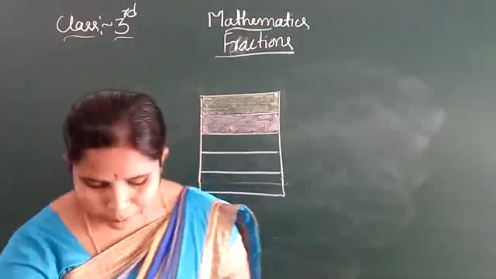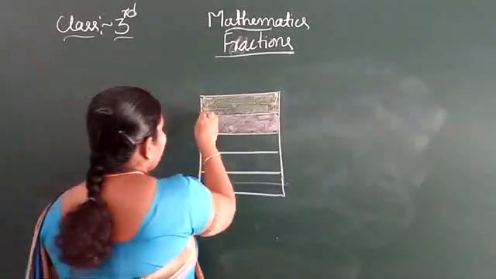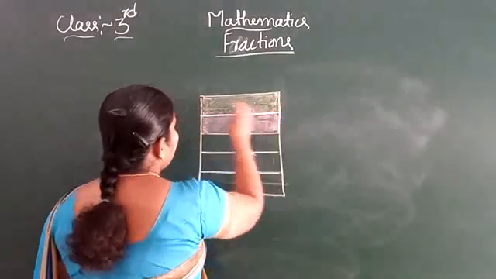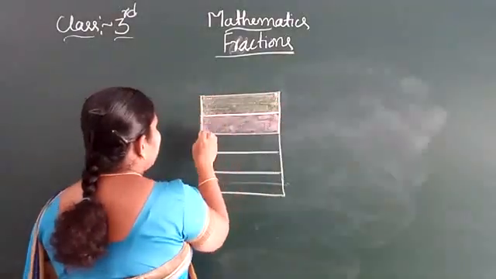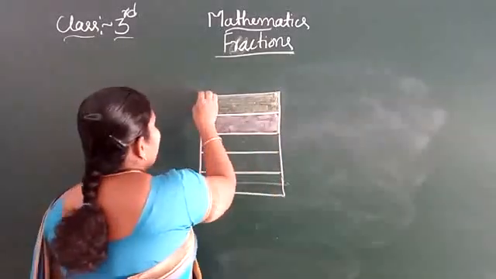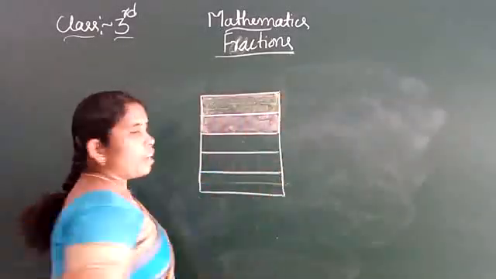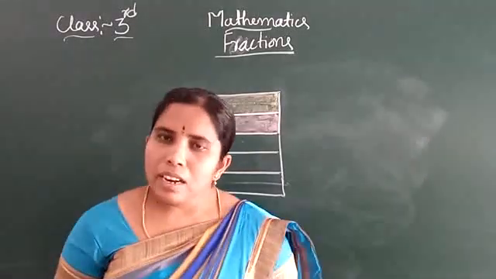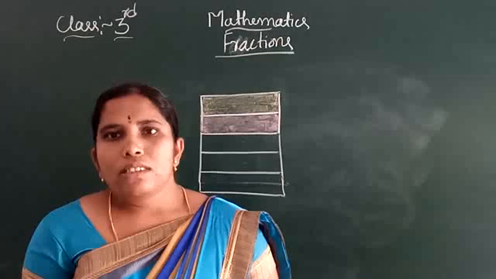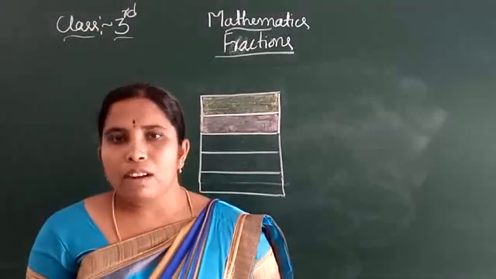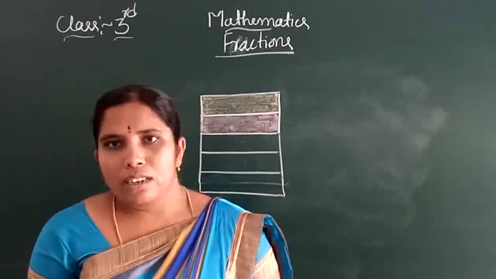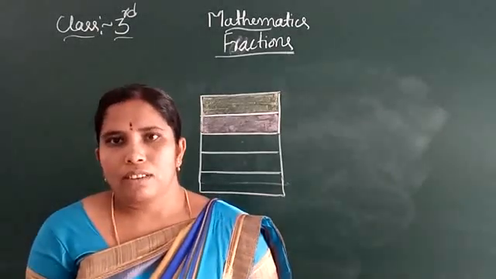Okay, students, observe clearly this one. Your rectangle is divided into 1, 2, 3, 4, 5 equal parts. Out of 5 equal parts, how many parts are we shading?